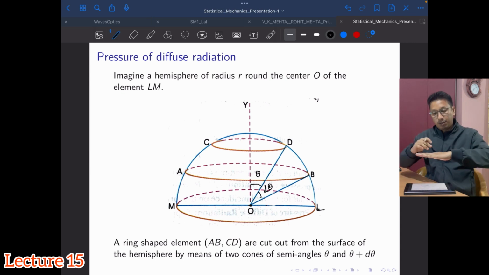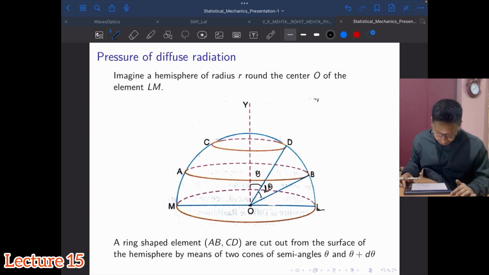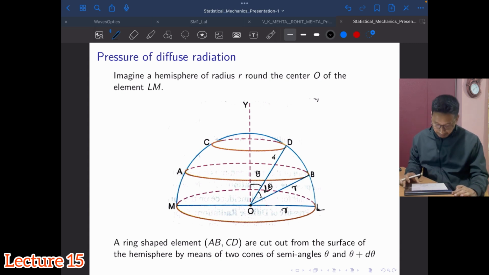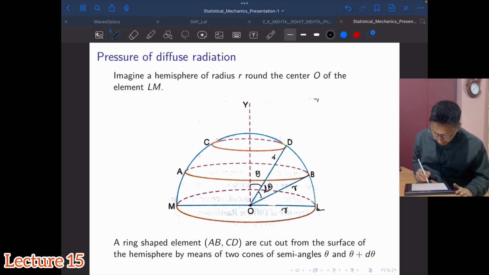It's a 3D structure: the base is circular and you have a hemisphere on it, having radius R. So if OL is R, OB is also R, and OD is also R. We draw a ring-shaped element AB, as you can see here, with its counterpart on the other side, and then CD.